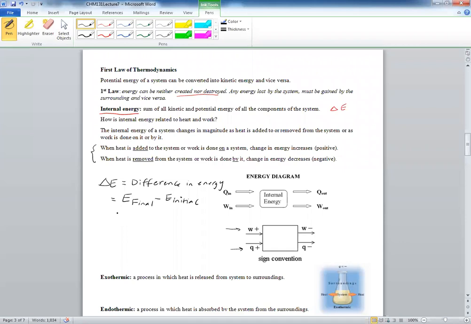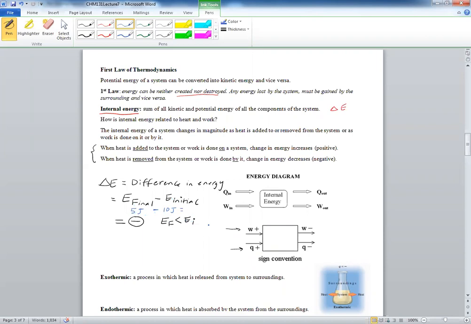If you get a negative, this can only mean that the E final, EF, is smaller than E initial. If you don't see it, let's plug in some numbers. If I have 5 joules for E final and 10 joules for E initial, you know that E final is smaller than E initial. 5 is smaller than 10.